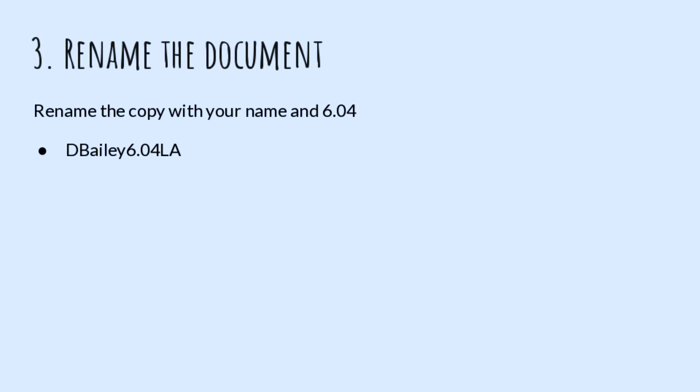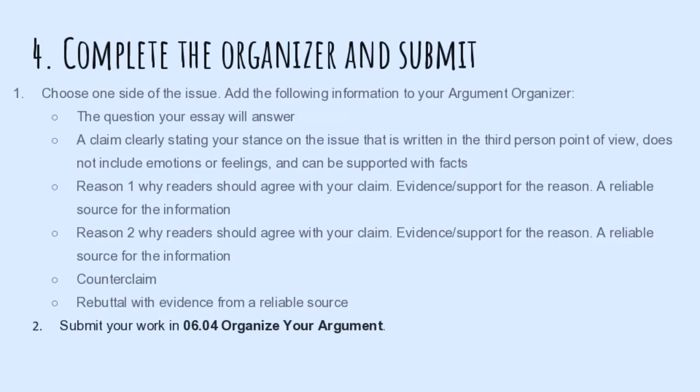Okay, so the next thing, after I have the graphic organizer for you, what I want you to do is, these are the directions for 6.04. Choose one side of the issue, add the following information to your graphic organizer. The question your essay will answer, a claim clearly stating your stance on the issue that is written in the third point of view, does not include emotions, feelings, and can be supported with facts.